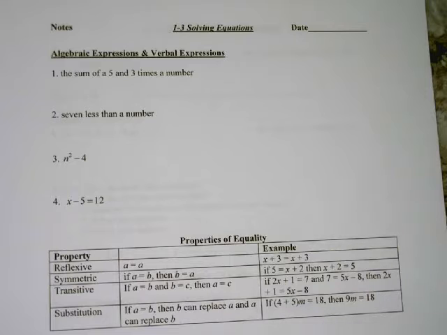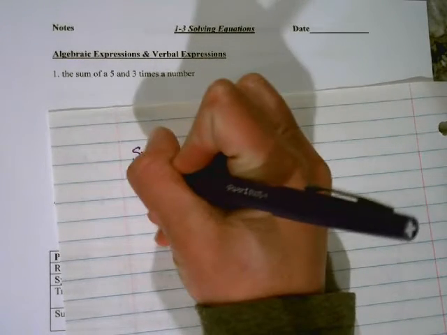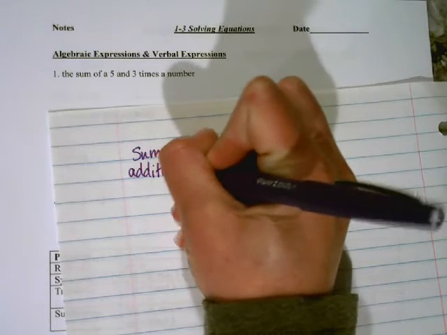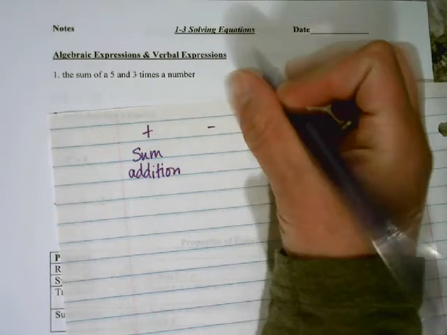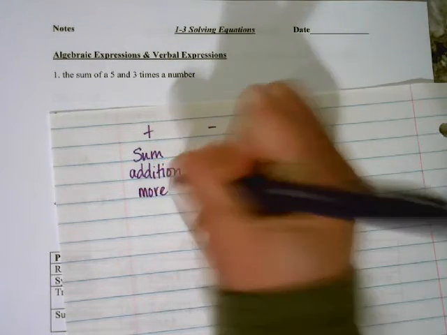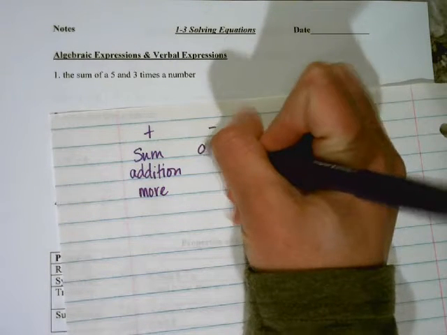Some of the key words that we need to know are words like sum and addition. Those are words for adding. You could also have more, that sort of thing. Subtraction would be difference.